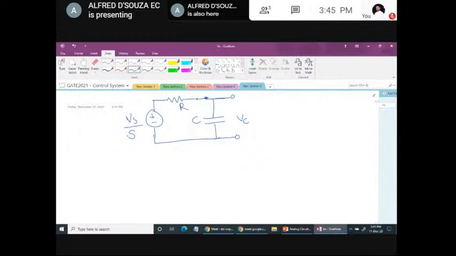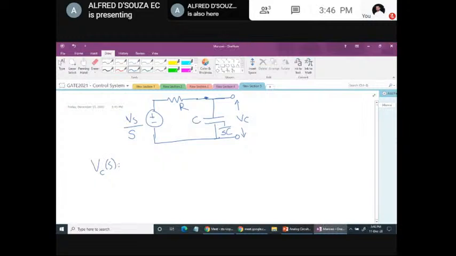R as it is, then the capacitor 1 by S into C. Once again, this is the voltage divider case. I want to know the voltage across the capacitor, Vc.